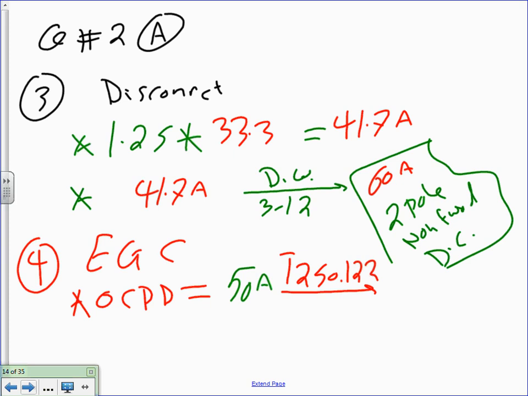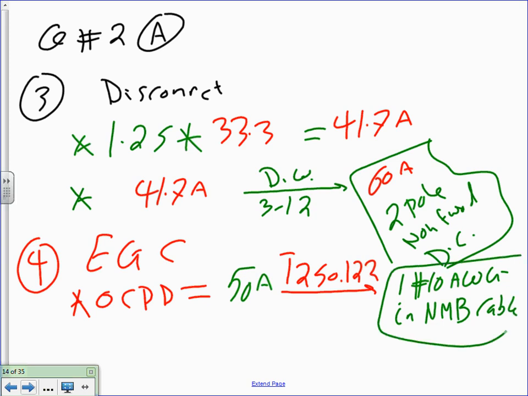So here's a 50 amp. I have number 10. Number 10 AWG, one number 10 AWG in NM-B cable. We're using an NM-B wiring method.